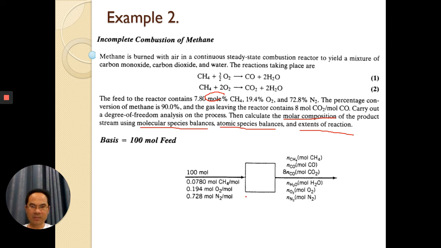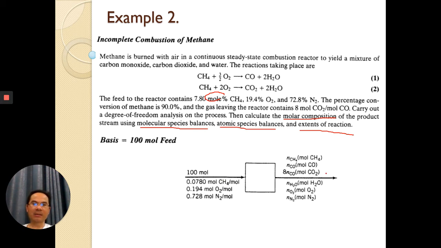You have a process and input. The input contains methane 7.8%, that is 0.078 mole methane per mole total, 19.4 mole percent oxygen, that is 0.194 mole oxygen per mole total, and 72.8 mole percent nitrogen, that means 0.728 mole nitrogen per mole total.